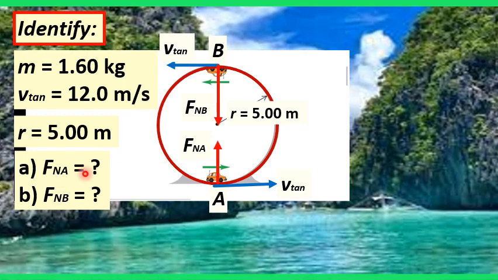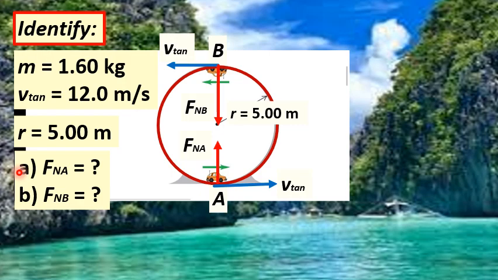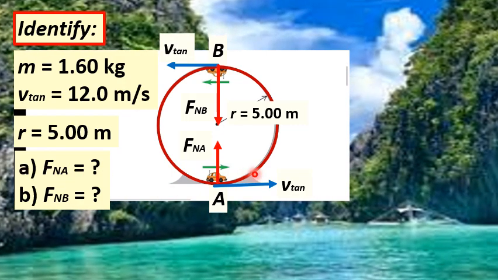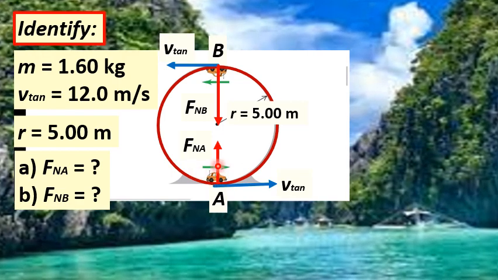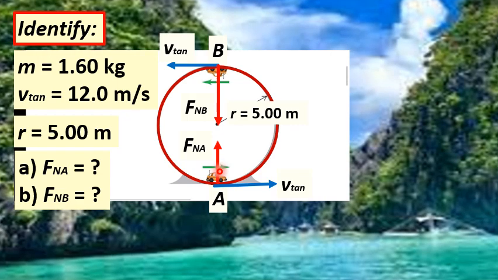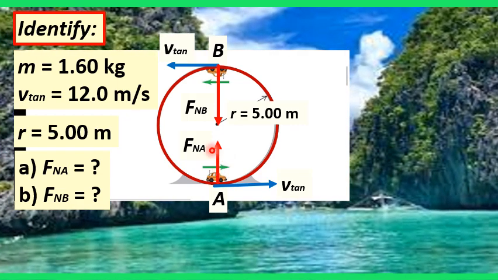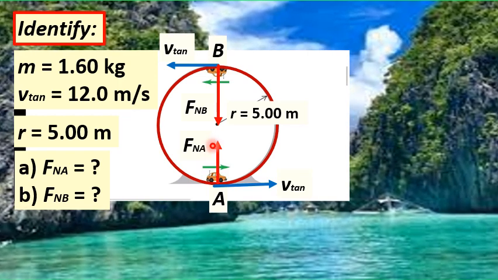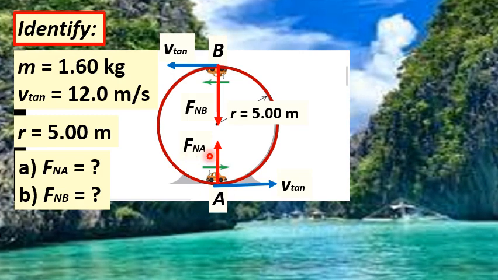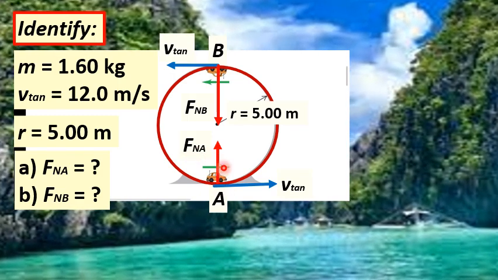the magnitude of the normal force, denoted here by F sub NA, for letter A, at point A. And this normal force exerted by the track on the toy car is directed upward, denoted here by F sub NA, and represented by the red arrow.